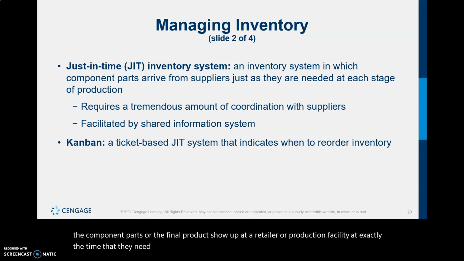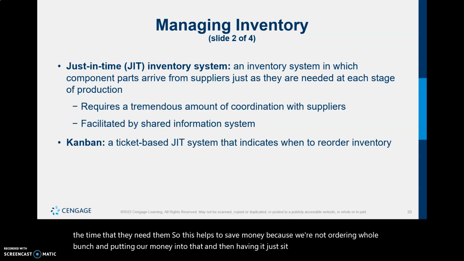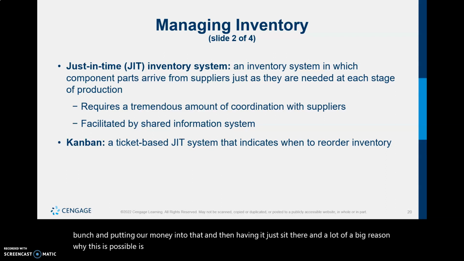This helps to save money because we're not ordering a whole bunch and putting our money into that and then having it just sit there. A big reason why this is possible is because of shared information systems and coordination between the supplier and the manufacturer and the retailer.